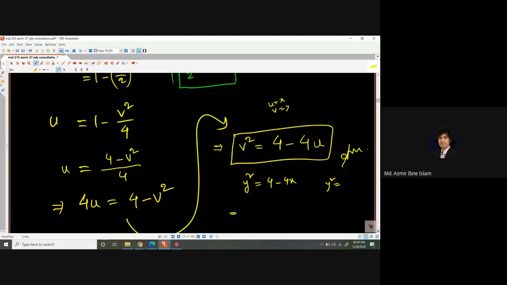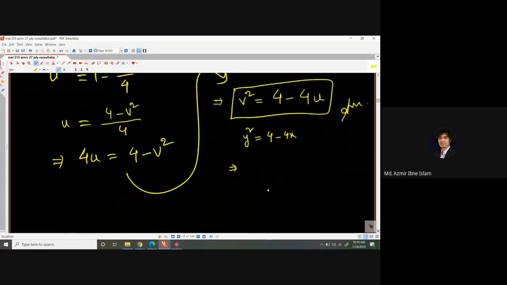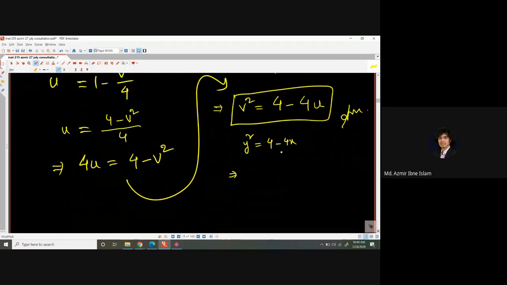So similarly, since we have y squared and x with power 1, it must be a parabola. Is that okay? I'm trying to give you the insights into how we can draw the figure. So at first, let's draw this one.